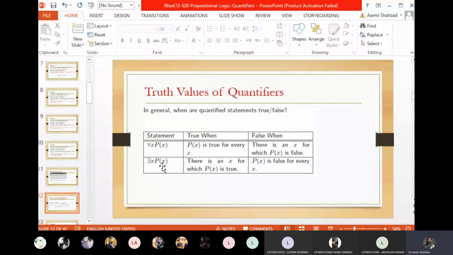Similarly for existential quantifier, जब ये false होगा, ये false कब होगा? It's false when p of x is false for all x, for every x. So there is some universal negation. Universal quantification false कब है? When there is some existential negation. और existential quantifier कब false होगा? When there is some universal negation. इसको हम अभी ज़्यादा डिटेल से डिस्कस करते हैं.